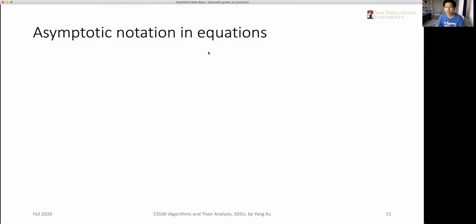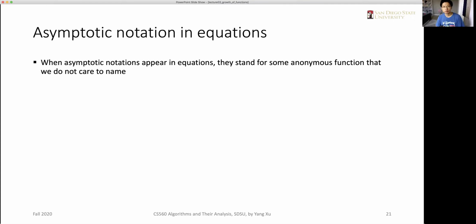Here we will look at the usage of asymptotic notations in equations. We know that the asymptotic notations, by definition, are a set of functions. But when we use them in equations, we actually use them to stand for some anonymous function that we do not care to name.